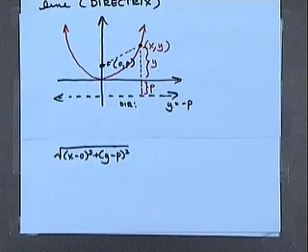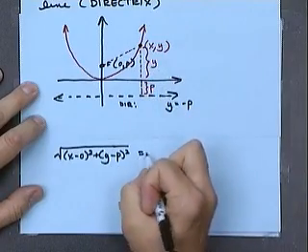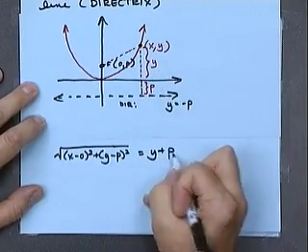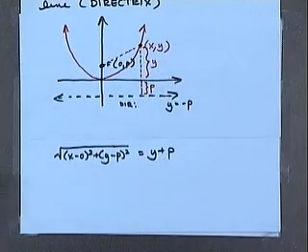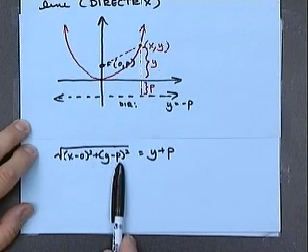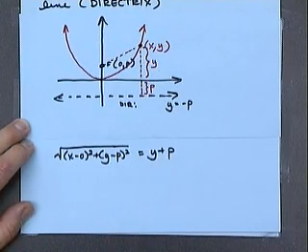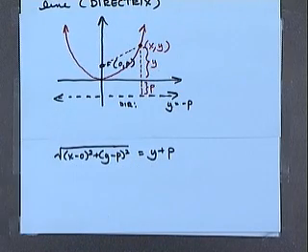Hope it does. And the other distance is y plus p. So that should be an equation, a mathematical sentence, that says the same thing that the definition said: the distance from any point on the parabola to the focus is equal to the distance from the point to the directrix. What could we do to simplify this equation?